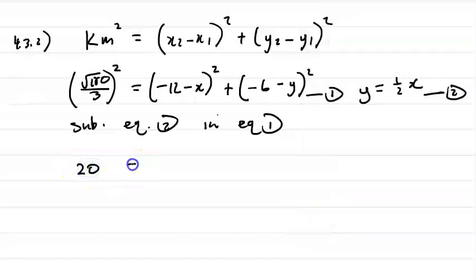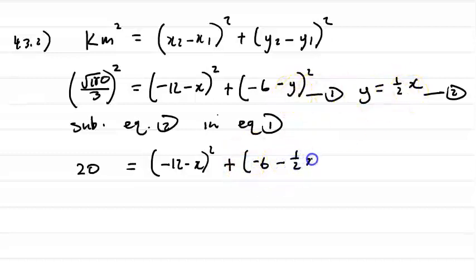So that's 20. Here we've got (-12 - x) all squared. Here, (-6 - y). So here we'll say minus 6. Now for y we're going to substitute 1/2 x, so that will be minus 1/2 x, all squared.